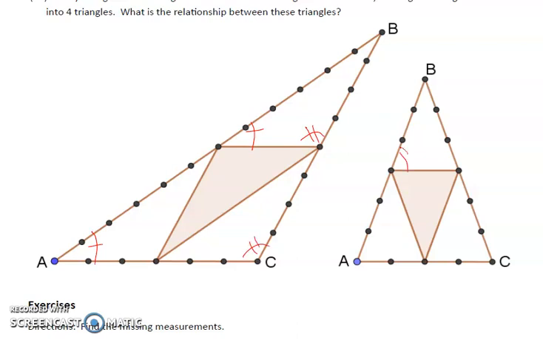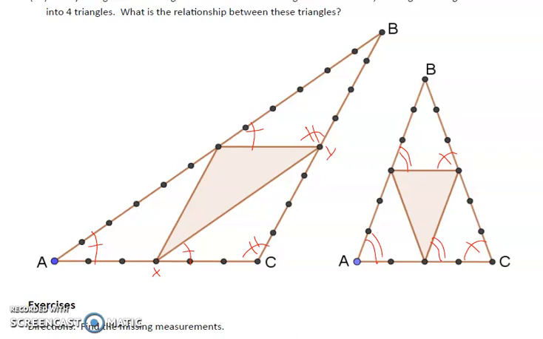Same thing here. Going through that with patty paper, you would find this angle would be the same because AB and the segment I'll call XY are parallel, which makes those angles the same. Same thing is true here as well.